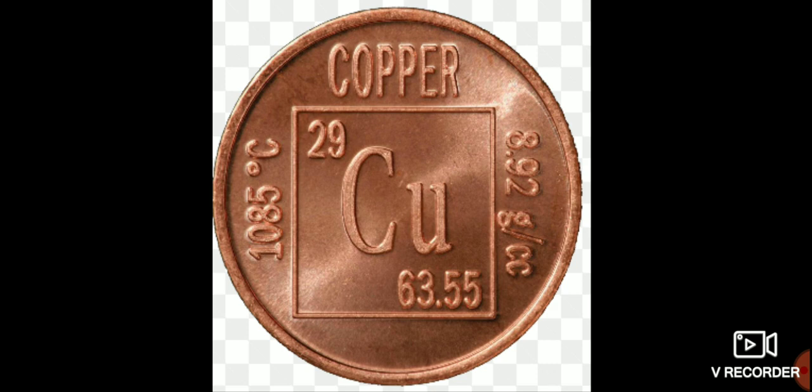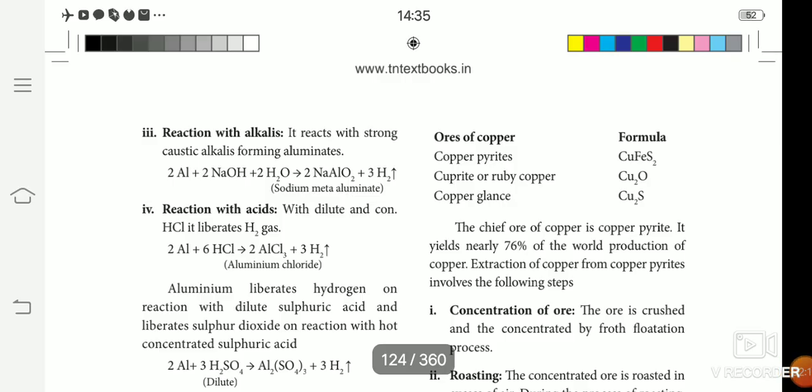Then the ores of copper. The ores of copper are copper pyrites, CuFeS2; cuprite or ruby copper, Cu2O; and copper glance, Cu2S.